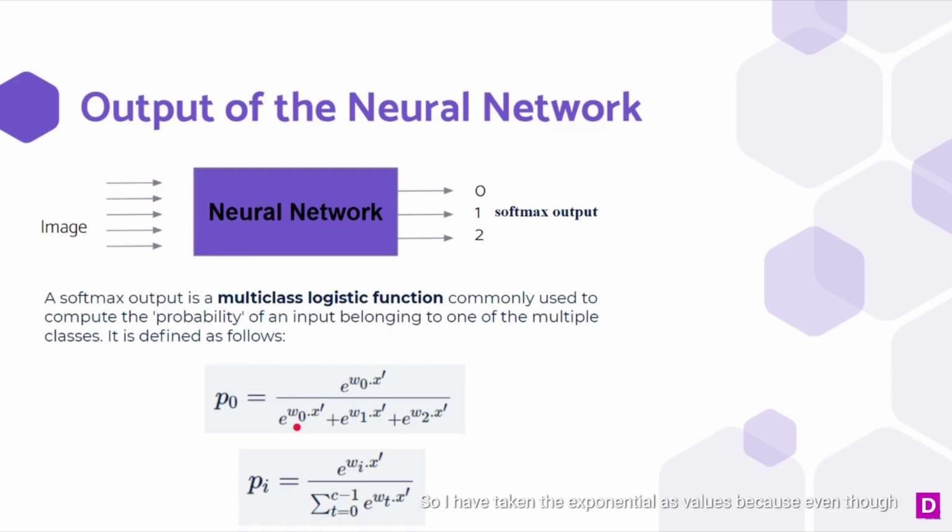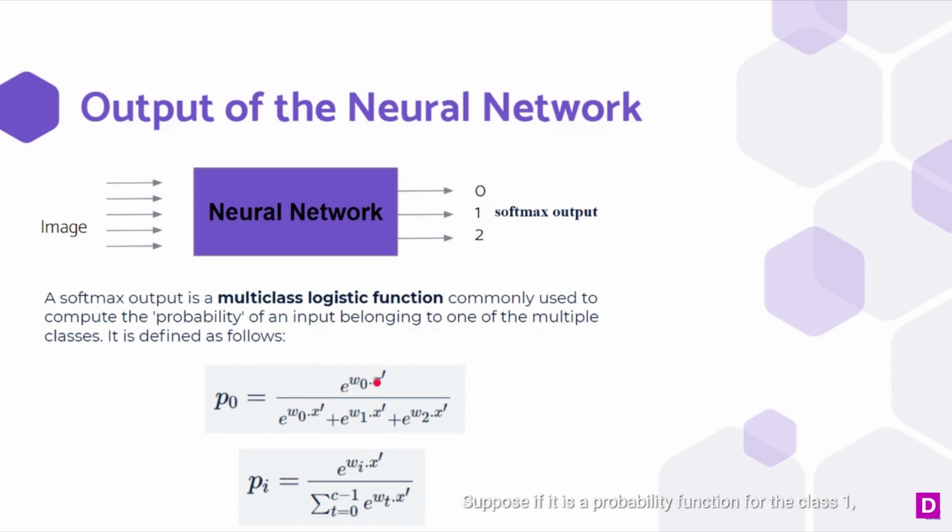I have taken the exponential of the values because the weight associated with the input signal may be negative, but if we take an exponential of that, it will be positive at the end. Since a probability will always be a positive number, it is safe to go with this approach of finding the probabilities of a particular class output.